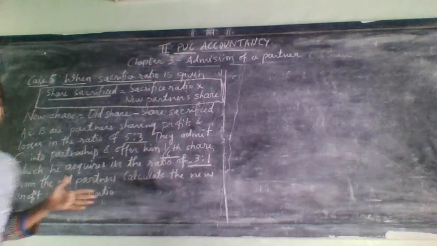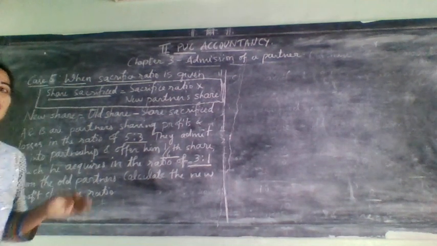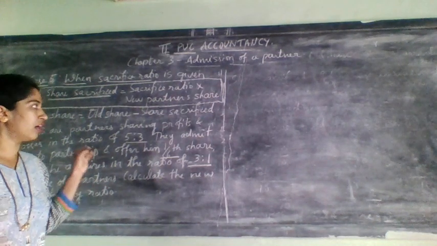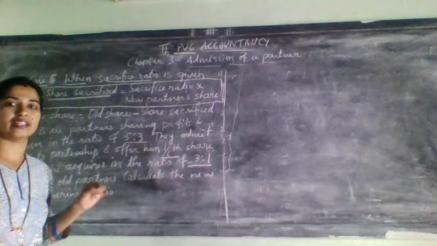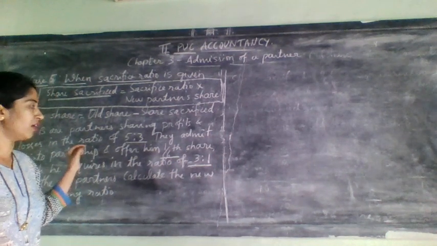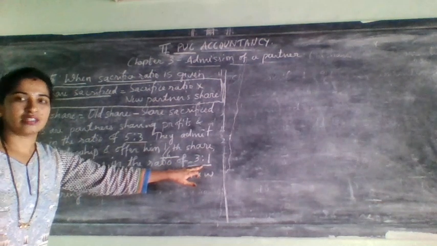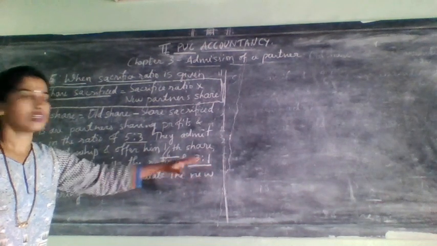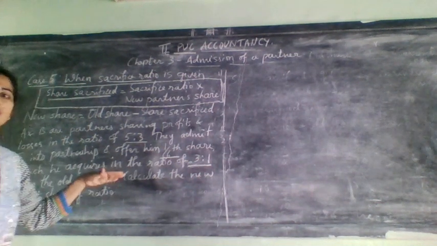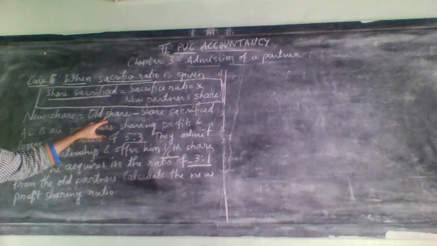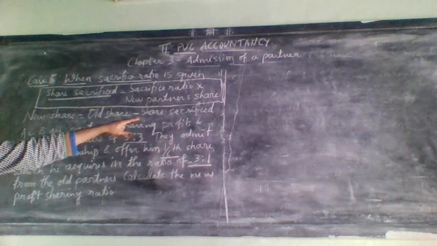See here, for calculating new profit sharing ratio, there are slight changes in each case. So you should read the problem carefully. If they had given just the proportion, this case would not apply at all; that would be case 1, where you can directly do old share minus share sacrificed.